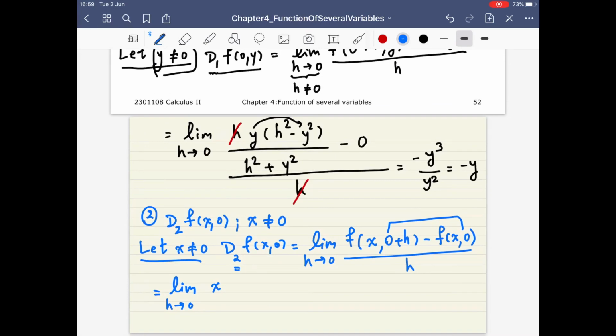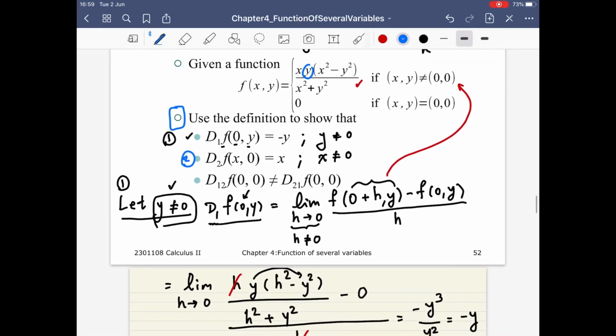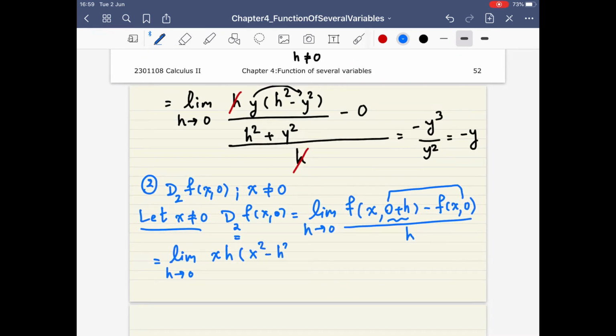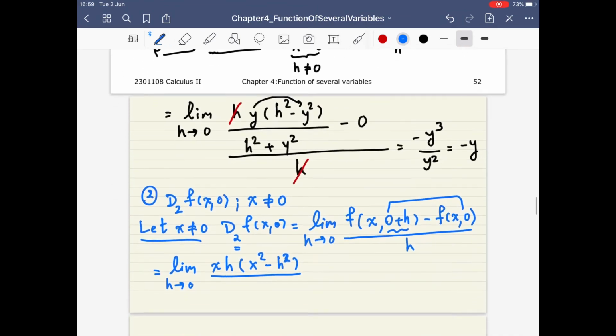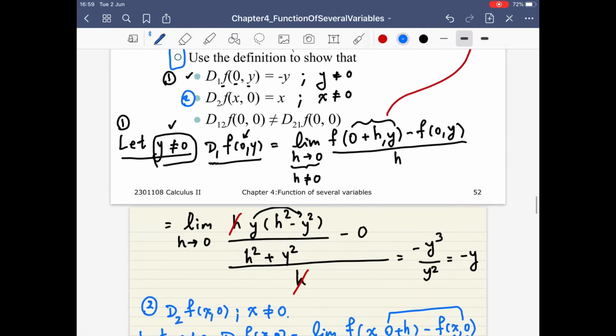You see, your second component is this h, and then x and h square over x square plus h square. Okay, just replace your y by h, minus f at (x, 0). So your x is an arbitrary x that is not 0, and your y is fixed to be 0 already.